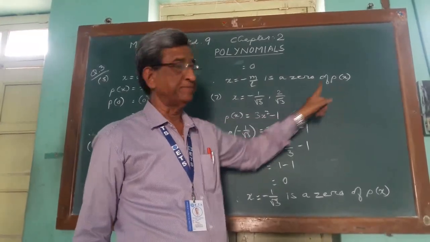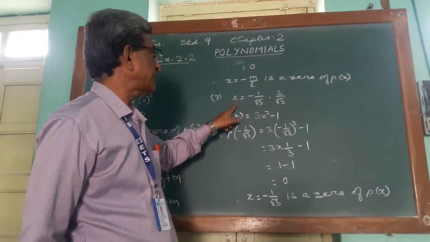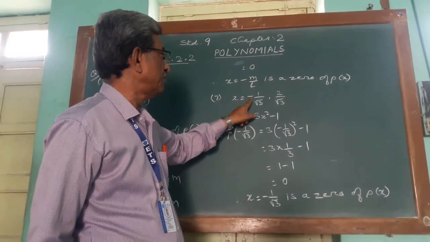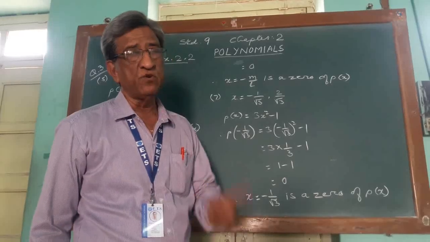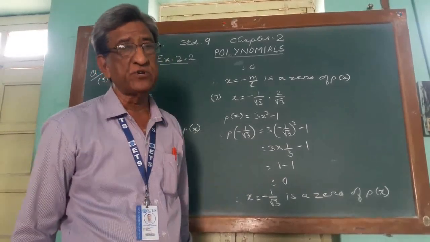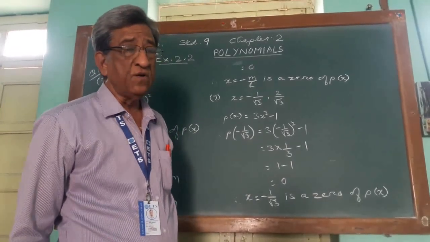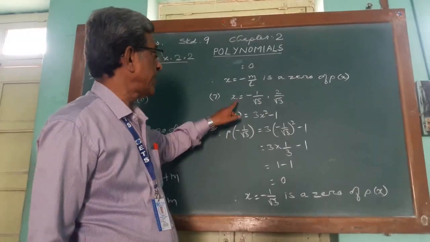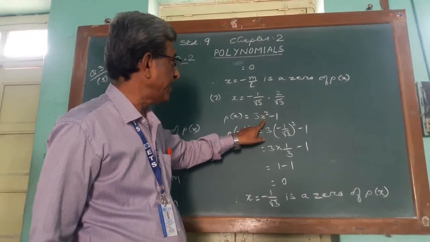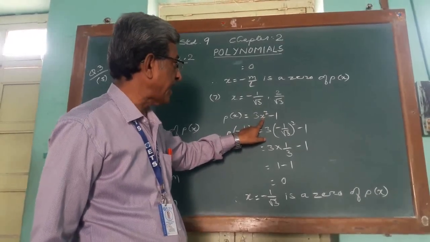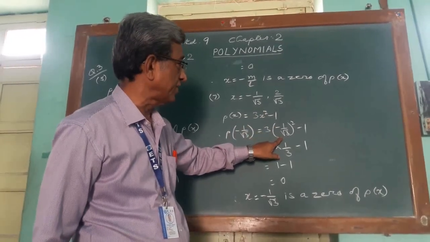Now question 7. x is equal to minus 1 upon root 3 and 2 upon root 3. Here two values are given, so you have to do it 2 times. First I will substitute x is equal to minus 1 upon root 3. So in place of x, I will write minus 1 upon root 3.